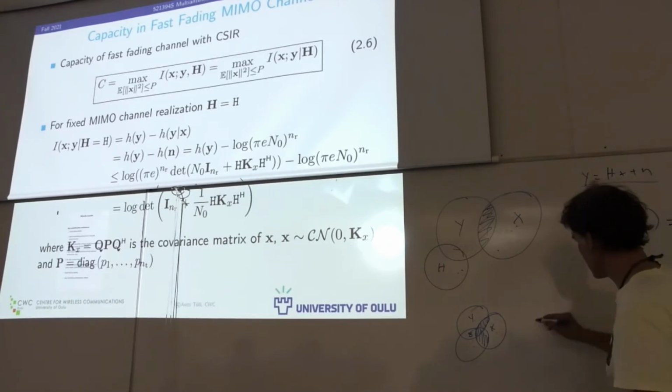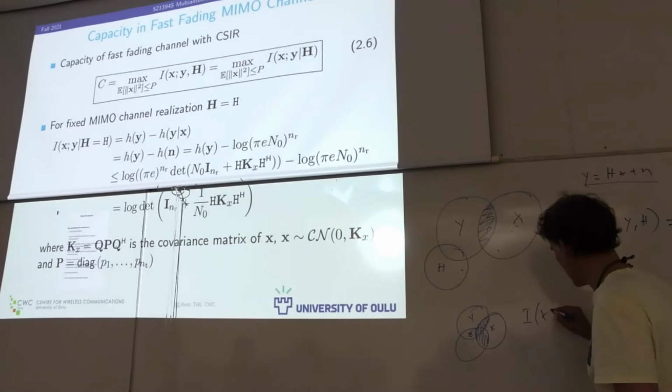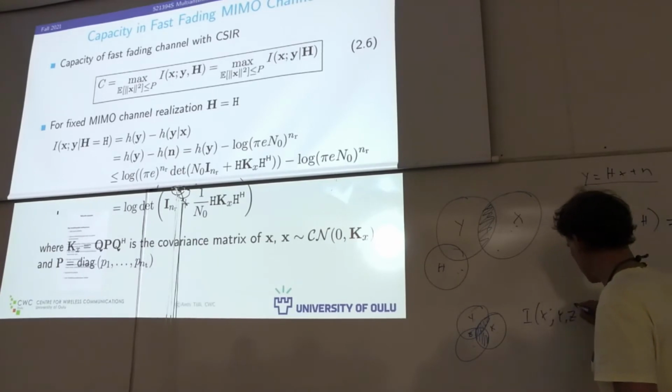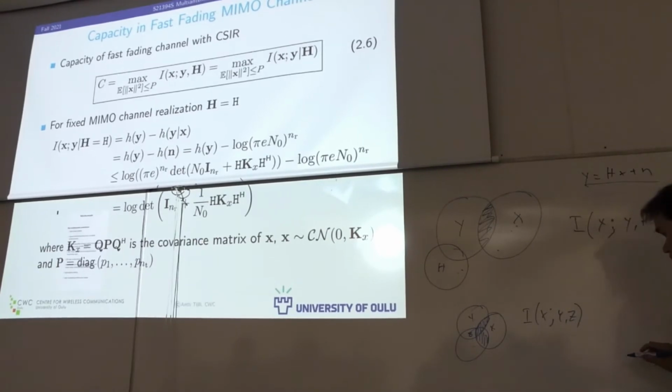So we can express I(X; Y, Z) as the mutual information between X and Z plus the mutual information between X and Y given Z, right?